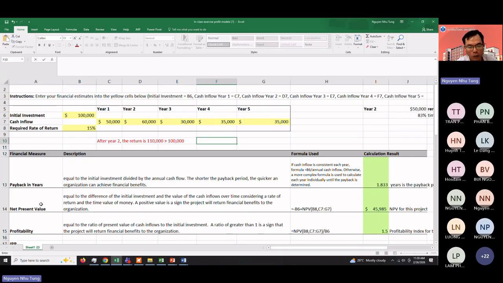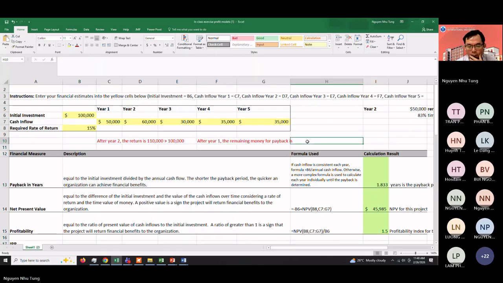In year 2, after year 1, the remaining money for payback is how much? Anybody?